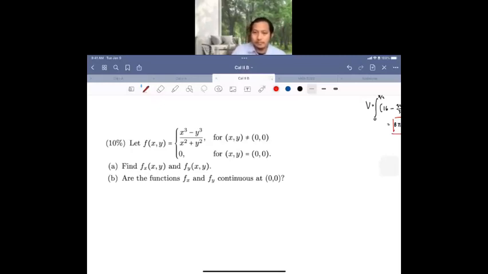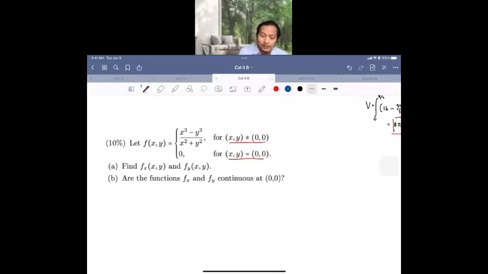So first, they are asking for finding the partial x and the partial y, which means we might have two conditions. So let's write these two conditions as our subject.